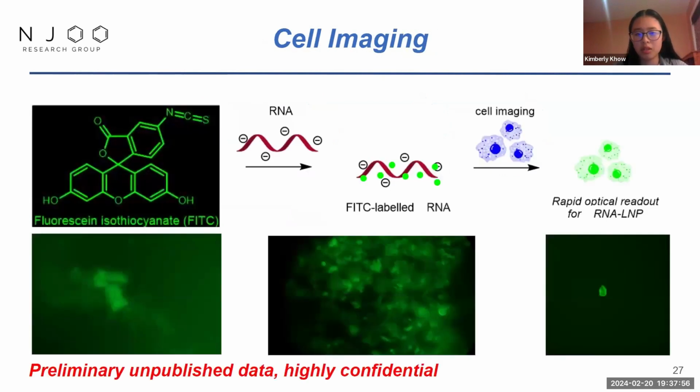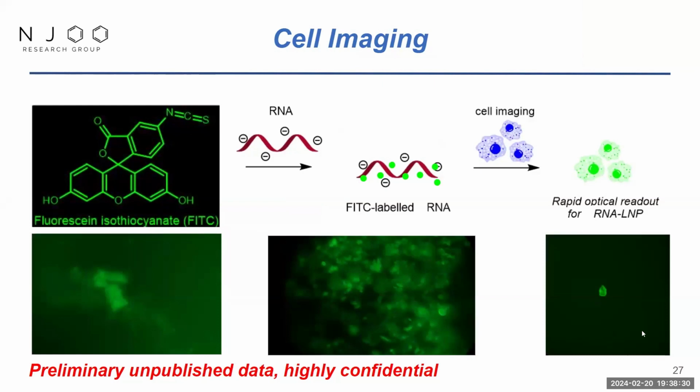Okay, and then the final piece of data or experiment that I'm going to be talking about is our cell imaging. For this, we were basically trying to see how well our LNPs were able to deliver the mRNA into cells. We took some fluorescein isothiocyanate, or FITC labeled RNA, and used it for our formulations of the LNPs, exposed them to our cells, and imaged them under the fluorescent microscope.